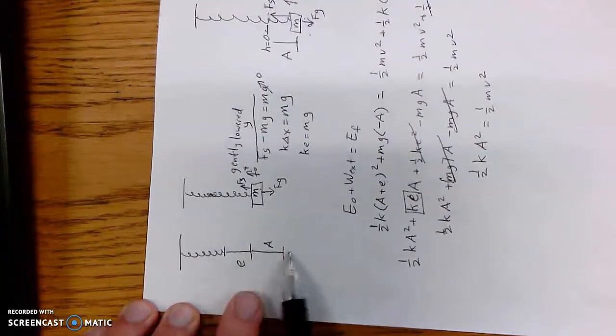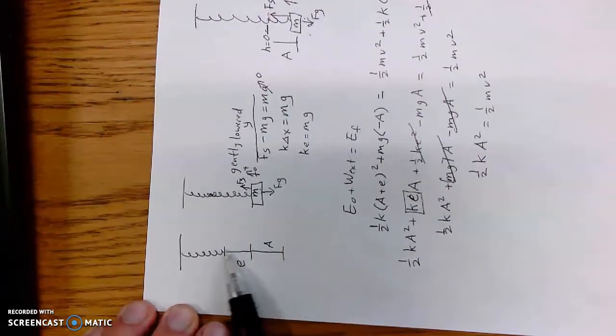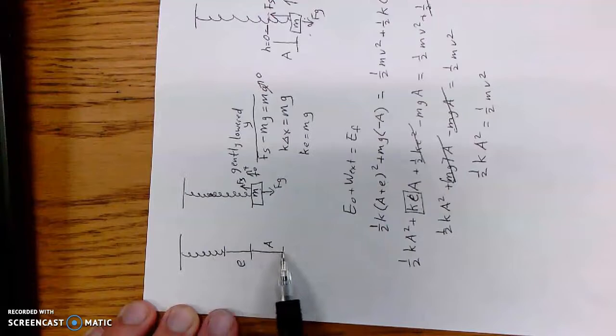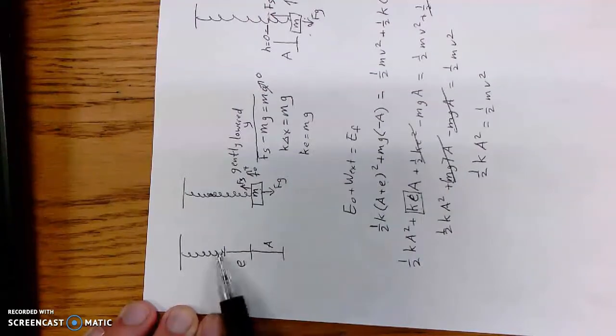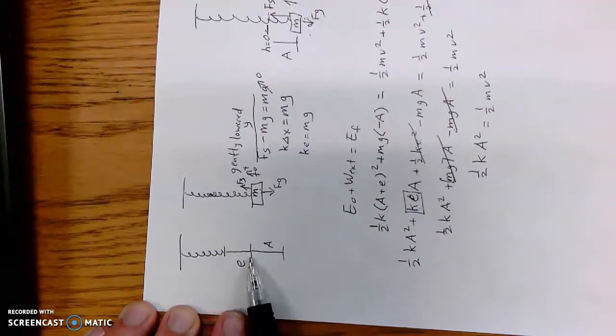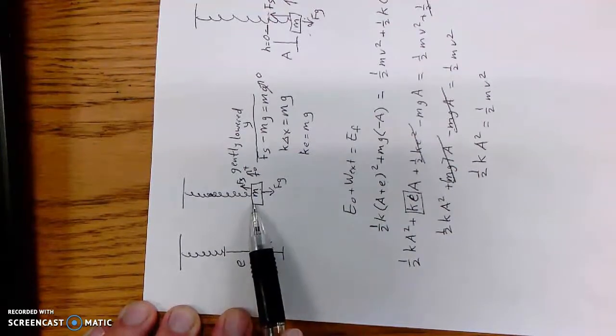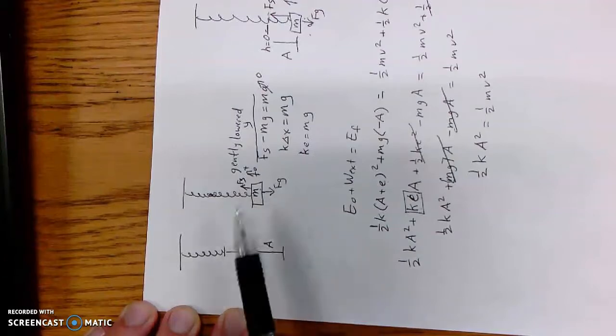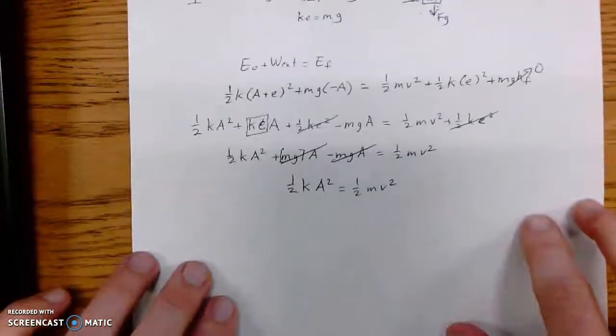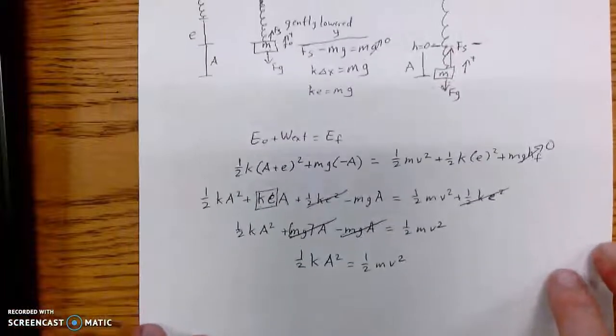It's going to go A this way and A that way, and go back and forth as if it were a horizontal spring. Not oscillating about the spot where the spring is relaxed, but oscillating about the equilibrium position where the mass is hanging from the spring and the forces, up and down really, are equal. So we can use that for later when we talk about periodic motion.